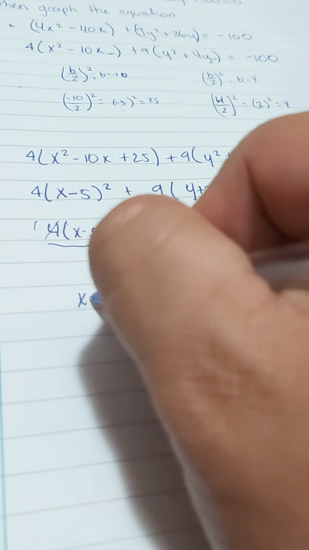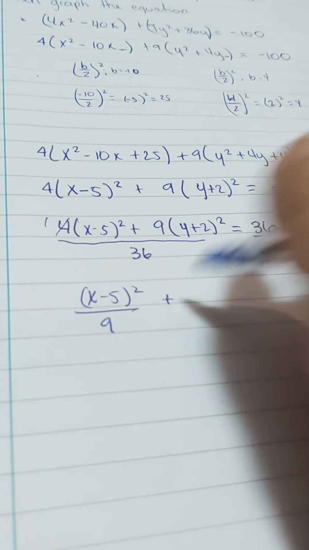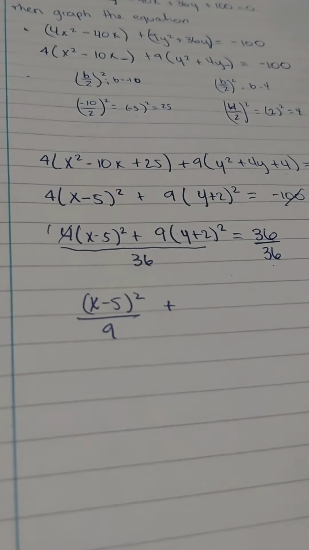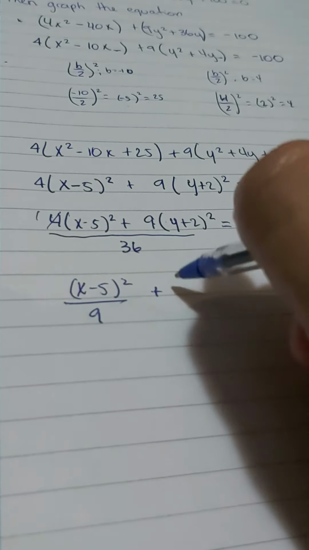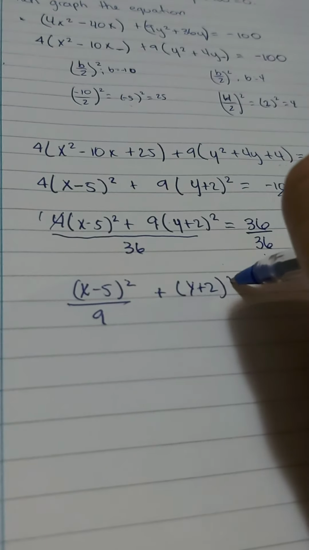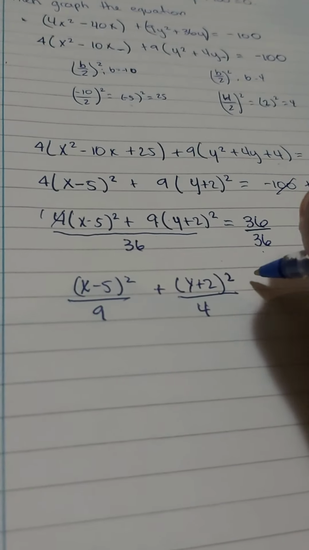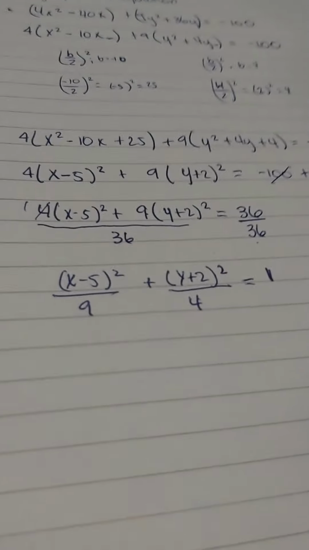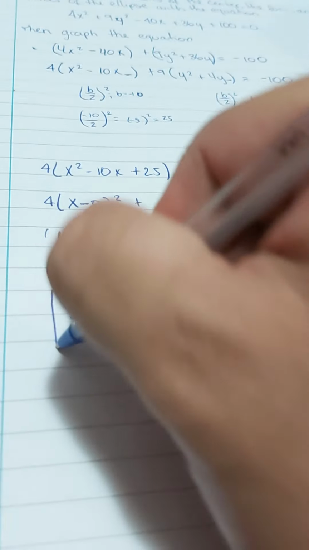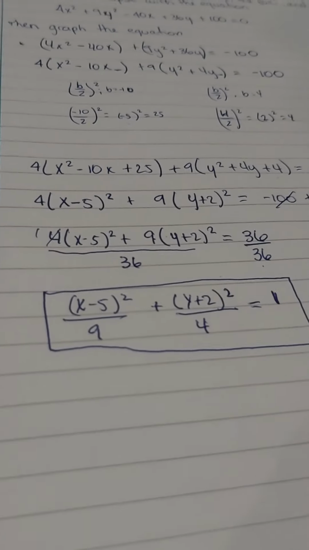So that would be x minus 5 squared over 9 plus, 9 and 36 are divisible by 9, so we get 1 on the top, y plus 2 squared over 4 equals 1. Okay. Now we have our equation in the standard form.